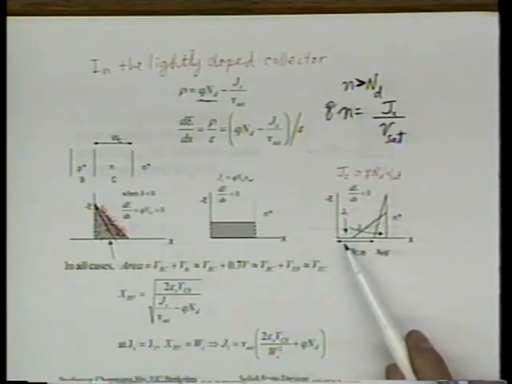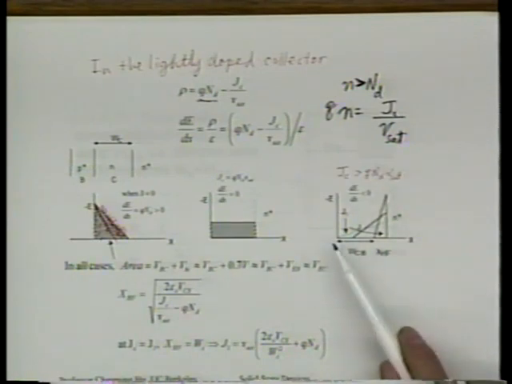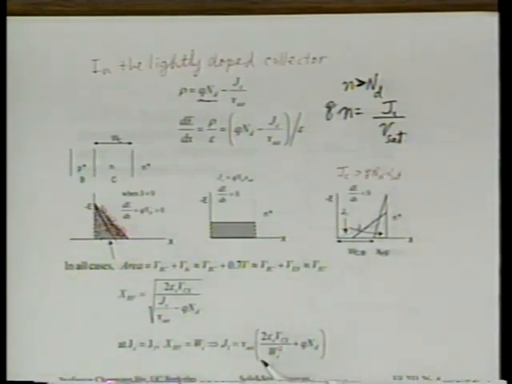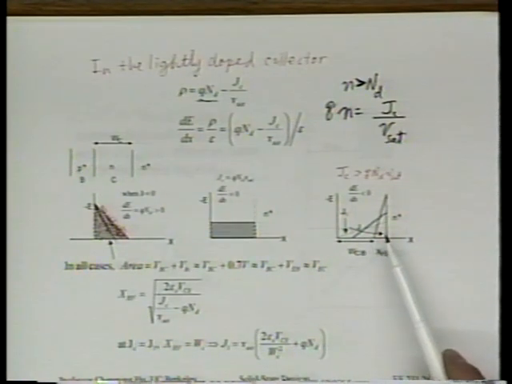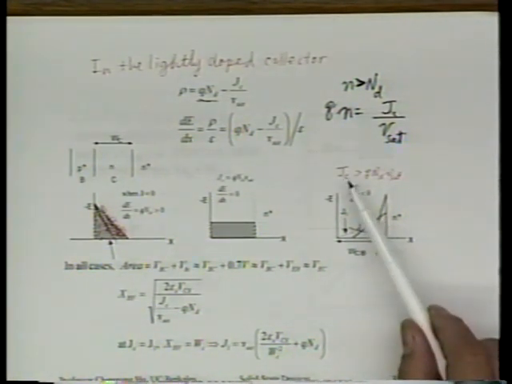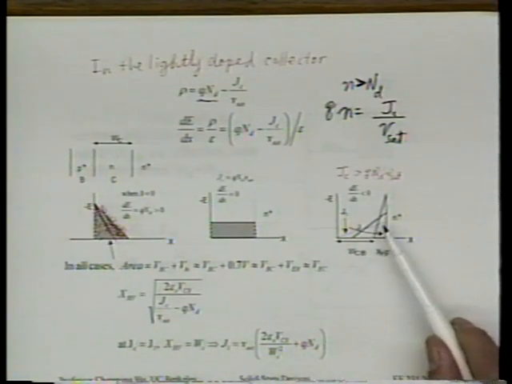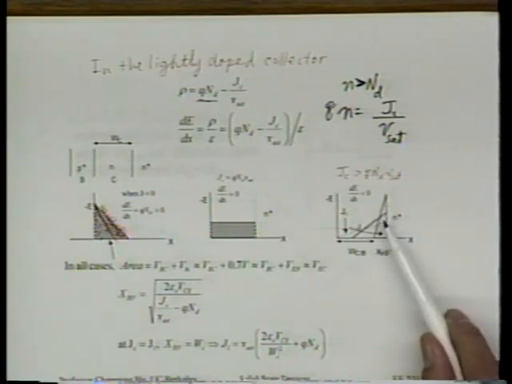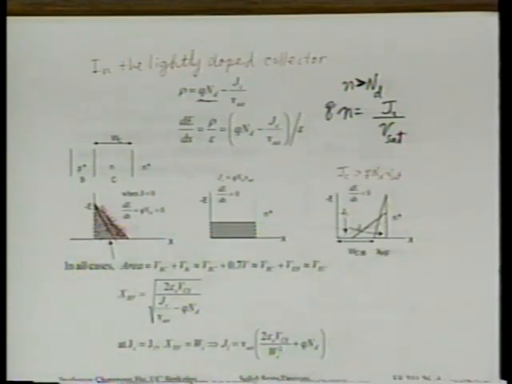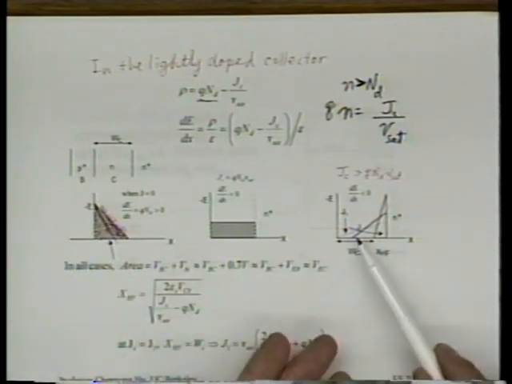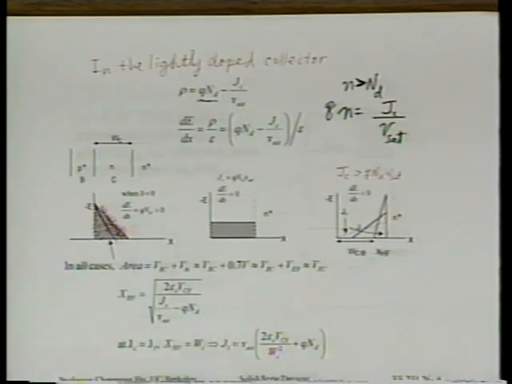So I drew for you 3 different kinds of curves for 3 different slopes. 3 different slopes meaning 3 different JC. Increasing slope just means larger JC, right? One thing in common between the 3 curves is that the area must remain constant because that's VBC. So as we increase J, you know what happens?